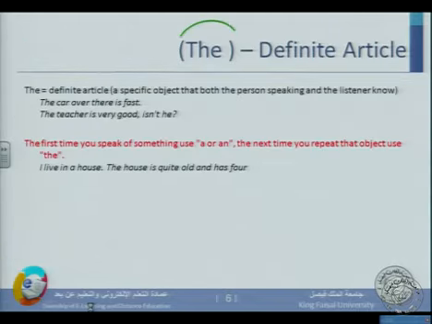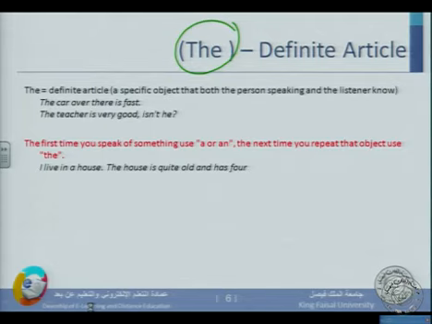Well, the definite article. Remember in the last slide we talked about a and an. A and an are indefinite articles, they come with singular nouns. الindefinite article معناتها not specific, بينما the is for specific nouns.